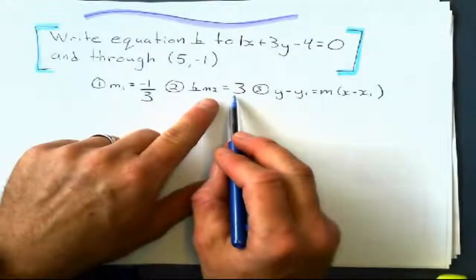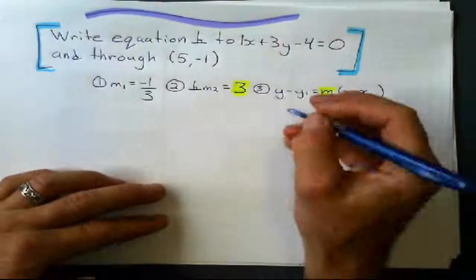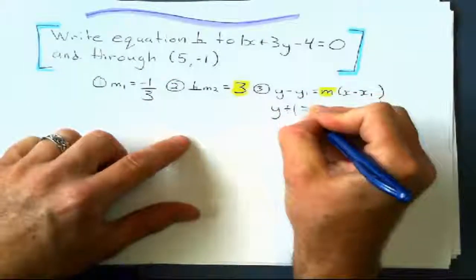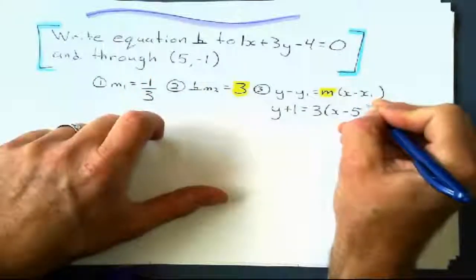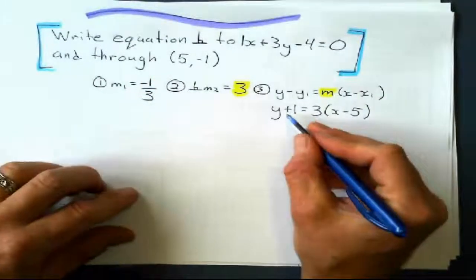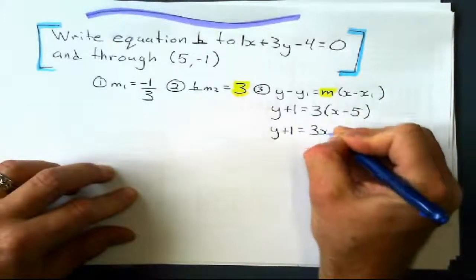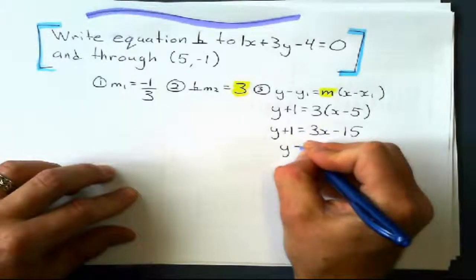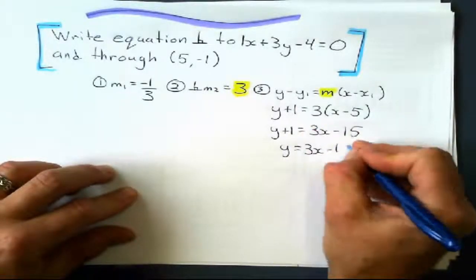Here's the gradient I used, don't forget that. So y minus the negative 1 is plus 1, equals 3(x - 5). Expand, and then subtract the 1. 3x - 15, subtract the 1 over there. Negative 15 minus that 1 is negative 16.